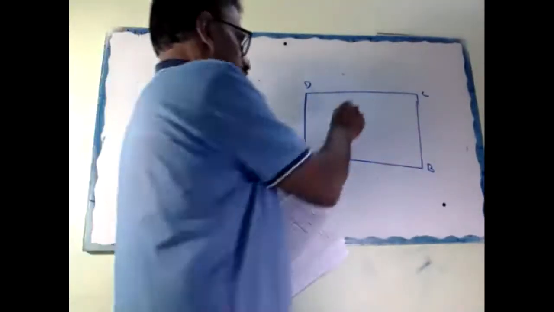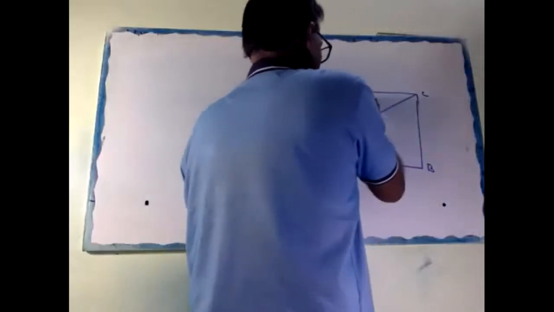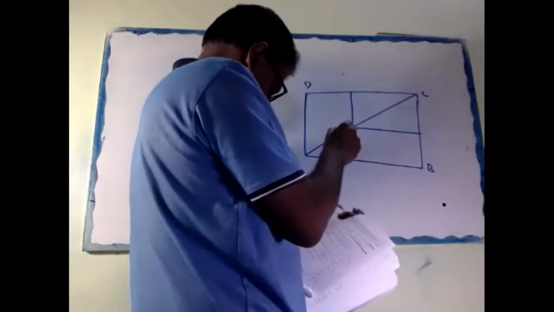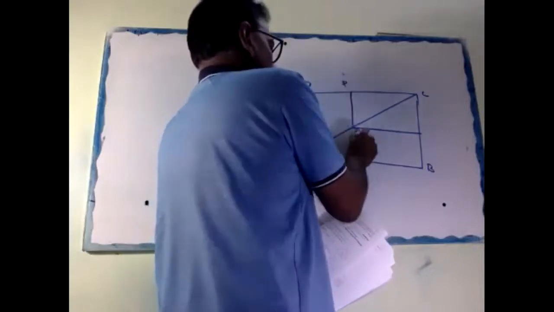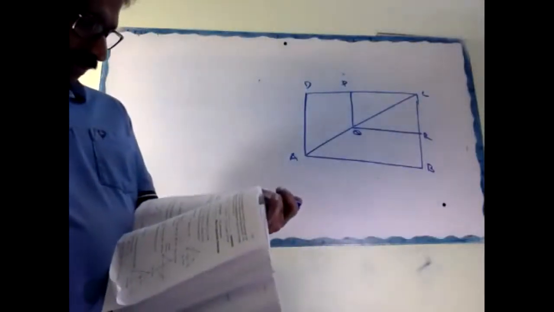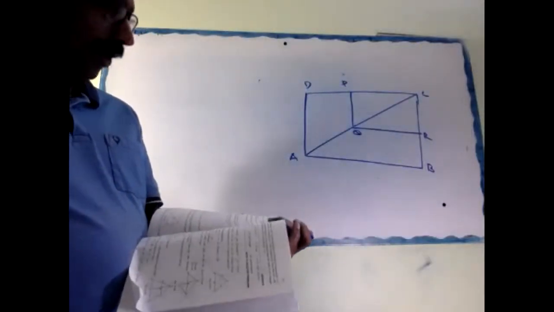ABCD and PQRC are rectangles. Okay, and Q is the midpoint of AC.